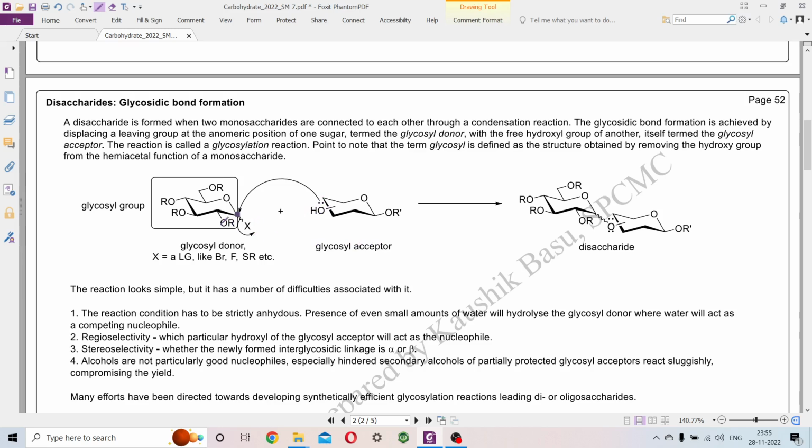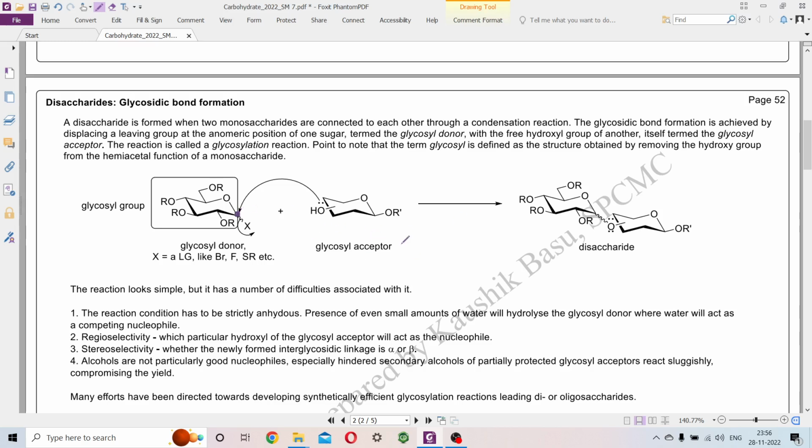See how you have protected the other OH groups of this glycosyl donor, and you have an X, particularly a good leaving group such as a bromine or a fluorine or an alkyl thiol group, present at the anomeric carbon.